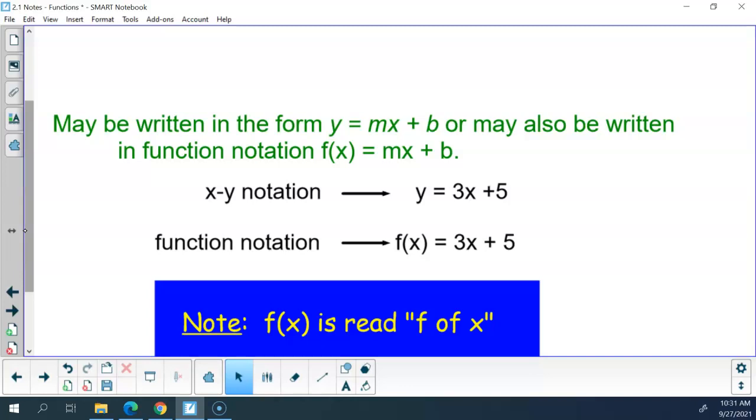So that is the name of a function that has x as its variable. Give you a moment to get that written down. We could have f of m, and m then would be our variable in the relation.